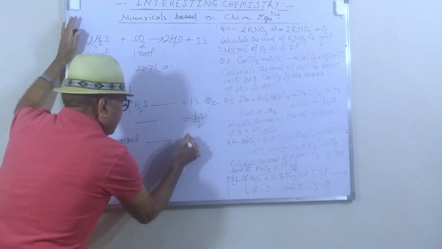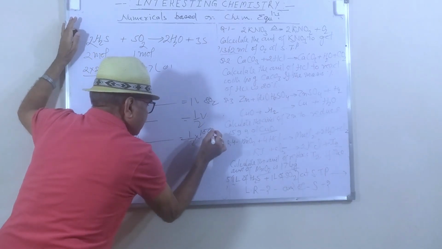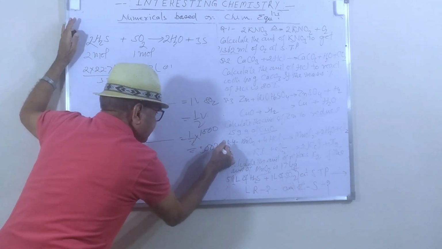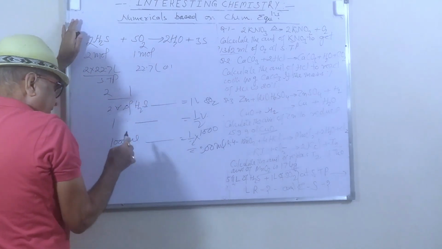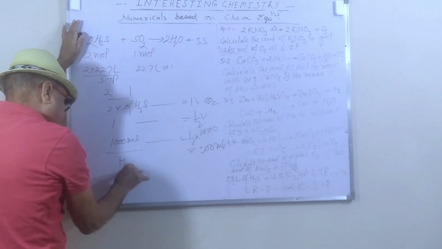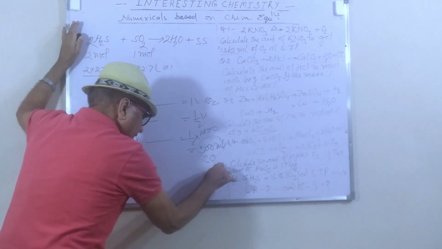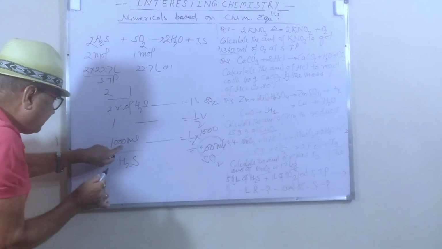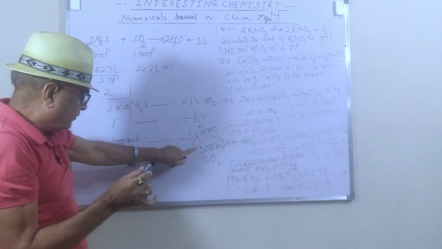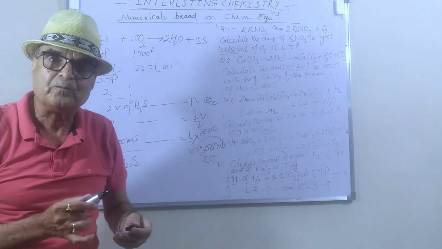So half into 1000 is 500 milliliter. So 1000 milliliter of H2S will react with 500 milliliter of SO2.